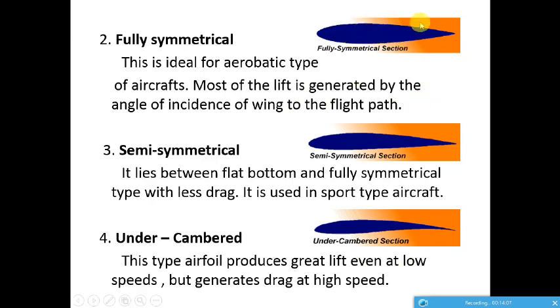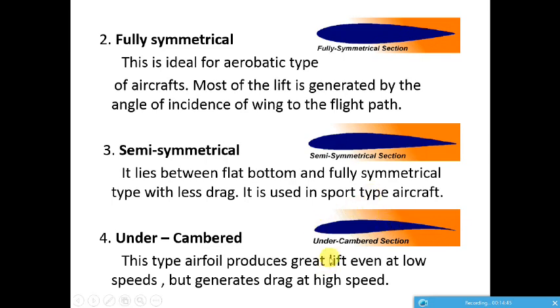These are used for aerobatic aircraft, so that when you invert the aircraft there is not much change in the airfoil, and you can fly either upside down or in normal mode. And the semi-symmetrical airfoil section serves to maintain the lift and other necessary parameters between a fully symmetrical and a flat bottom airfoil.